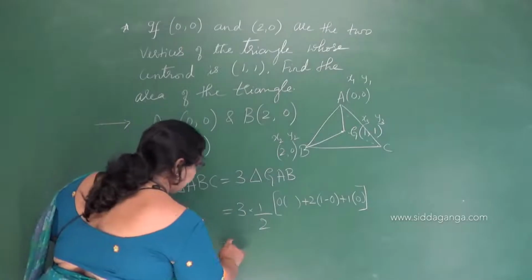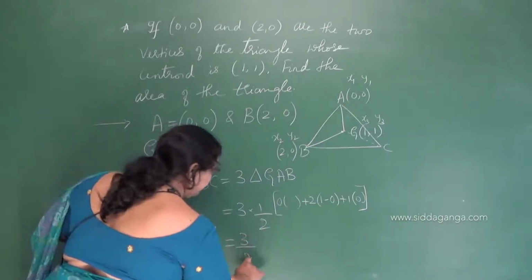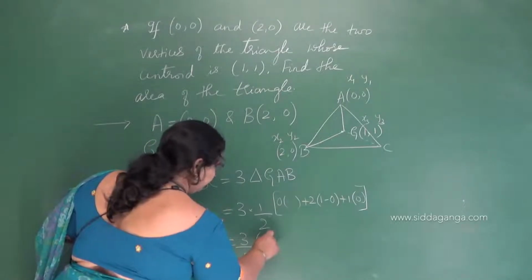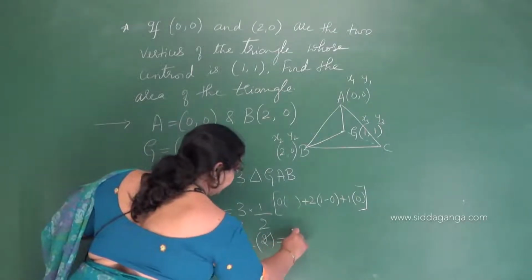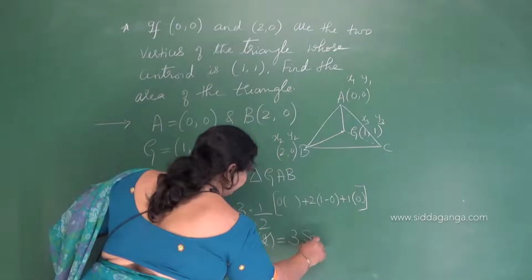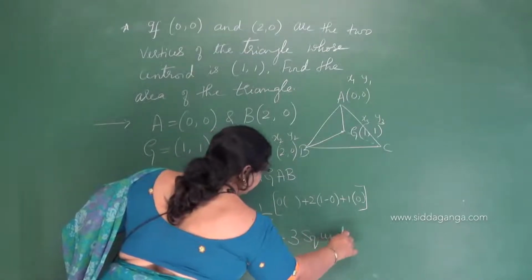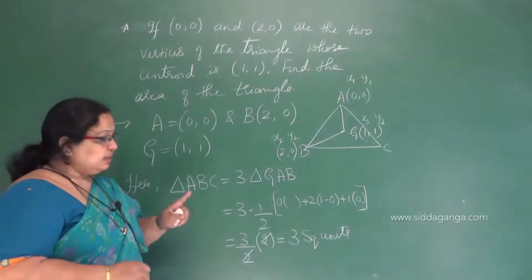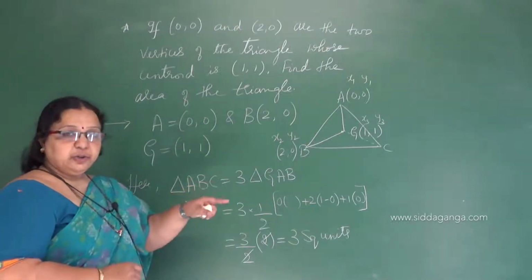Now this is equal to 3 by 2 into, simplifying inside we get 2, and the 2 cancels. That is, the area of the triangle ABC is nothing but 3 square units.